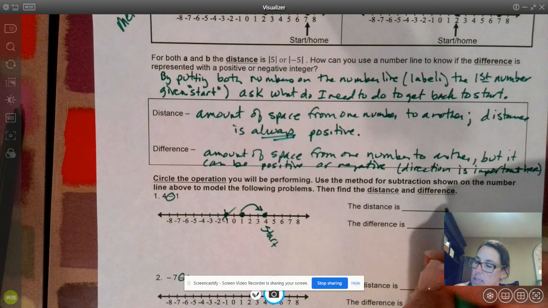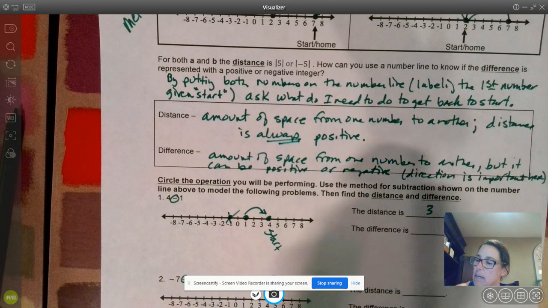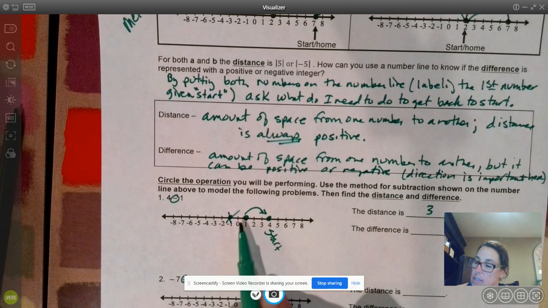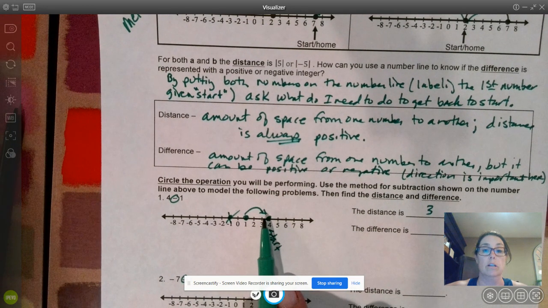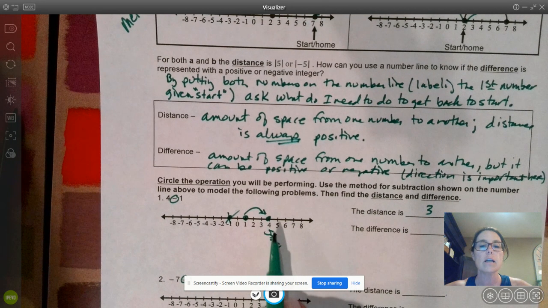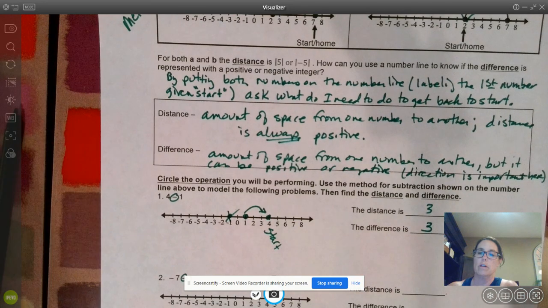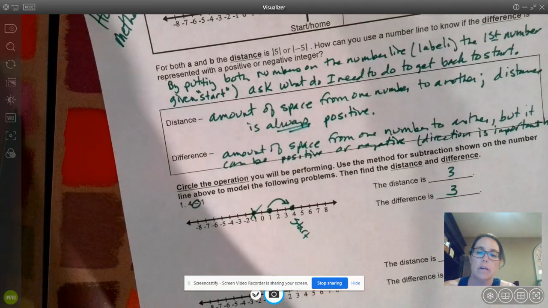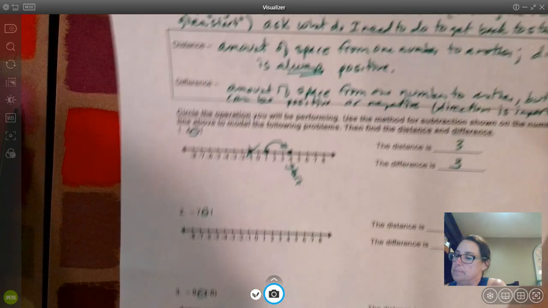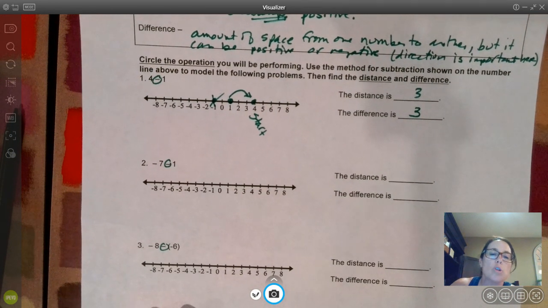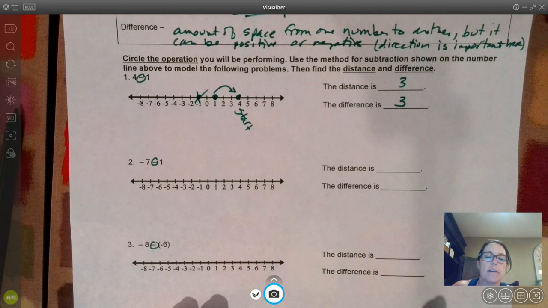Okay, so the distance, remember the distance from right here, it's always positive, so it's 3. Now the difference in this case, the direction is going to the right to get back to start. So it is also 3. Okay, next one. You can pause me if you want and try number 2 and 3 on your own and come back and see if you did them correctly if you'd like.